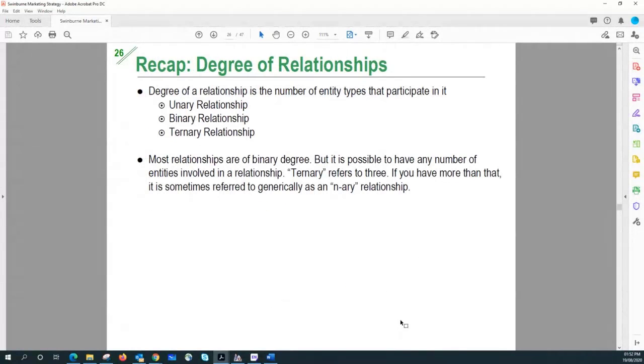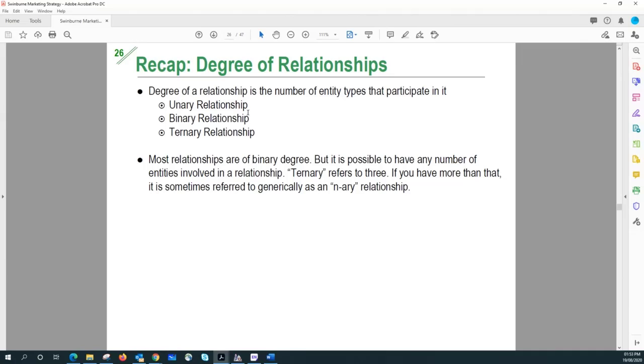Now we are recapping what we have learned in ERDs. I think I went through this last time as well, but I can't remember. Remember, when you design the entity relationship diagram, you may come across different types of relationships, sometimes called degrees of the relationship between entities.